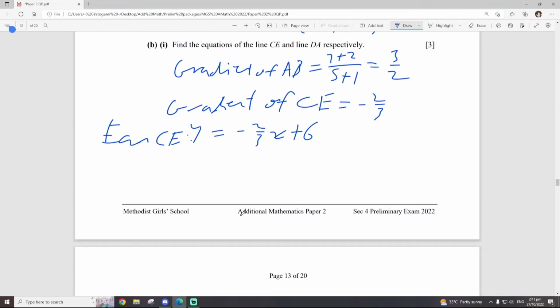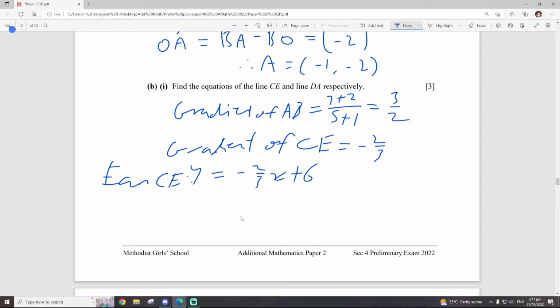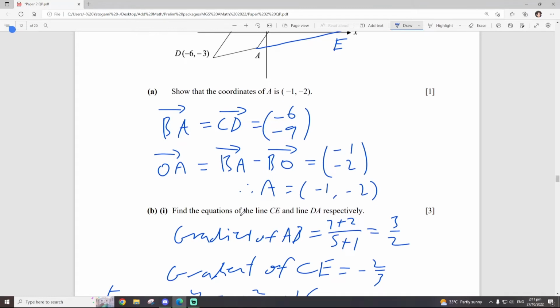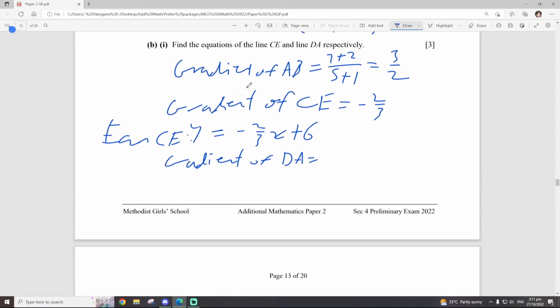The gradient of DA will be (-2 plus 3)/(-1 plus 6), which is 1/5.